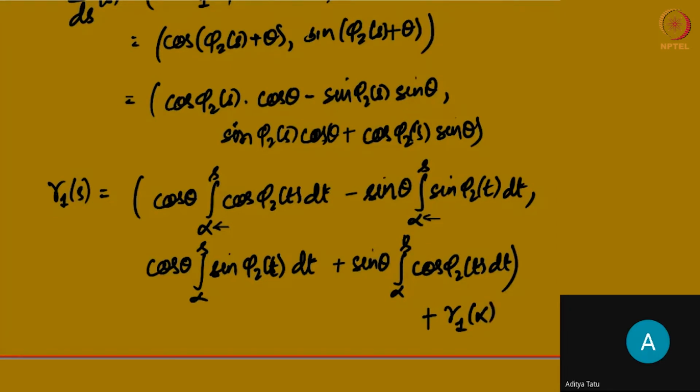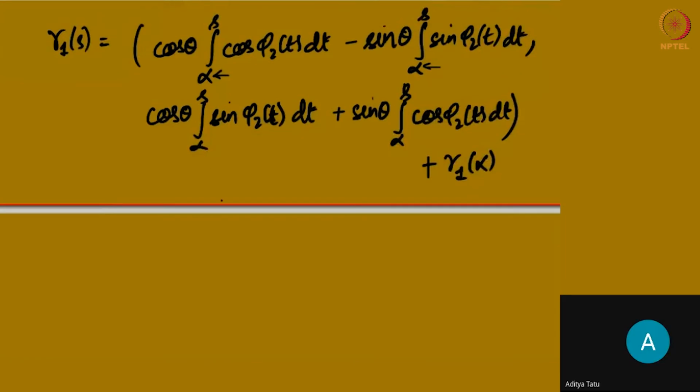Sir, but here we are doing a definite integral, then why are we adding it? But we are starting at some arbitrary point, isn't it? Oh, okay, yes. Well, we defined earlier from alpha to beta, but alpha and beta can be anything, right? So given a curve, where is the starting point?